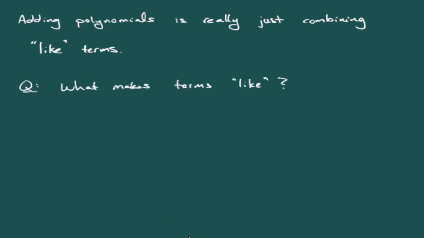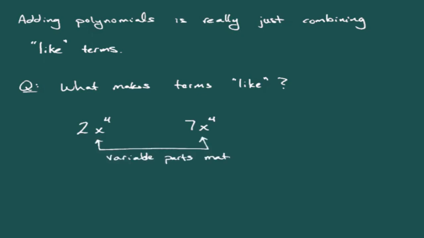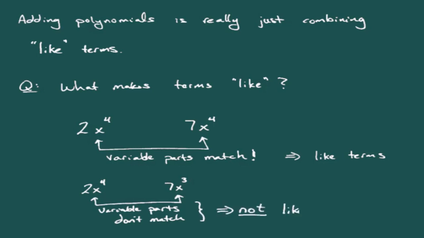And so if we got something like 2x to the fourth power, 7x to the fourth power, if we look at the variable parts of that, they're both x to the fourth power, they both match, so they're both like terms. If we had something like 2x to the fourth and 7x to the third, well, now the variable parts don't match. One of them has a fourth power, one of them has a third power. That's not the same, so they don't match. They're not like terms.